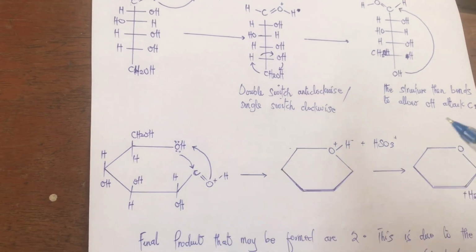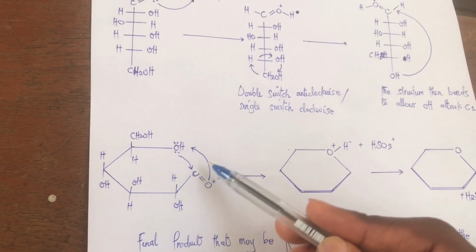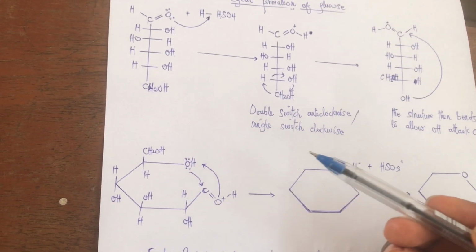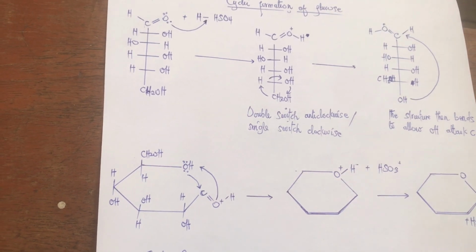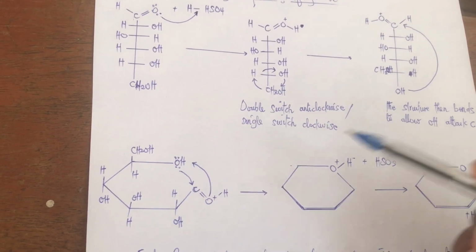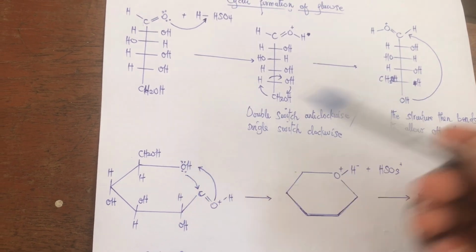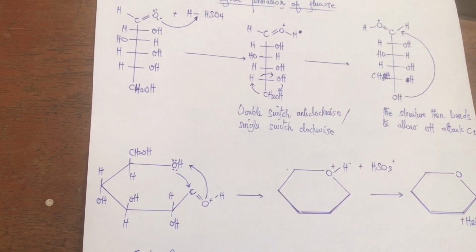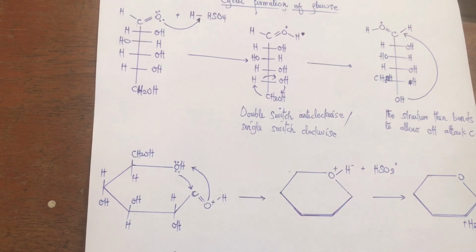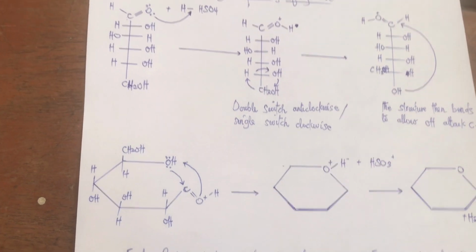As you can see, this carbon has two faces, one at the top, one at the down. So it's either the OH group attacks the carbon from the top or from the down. That leads to the formation of either alpha or beta.